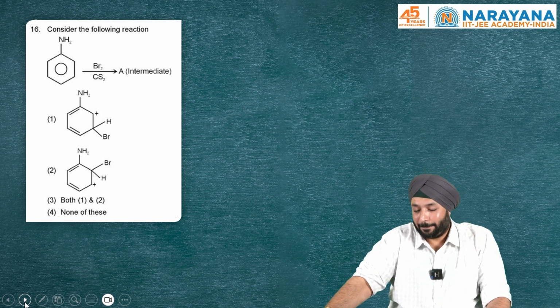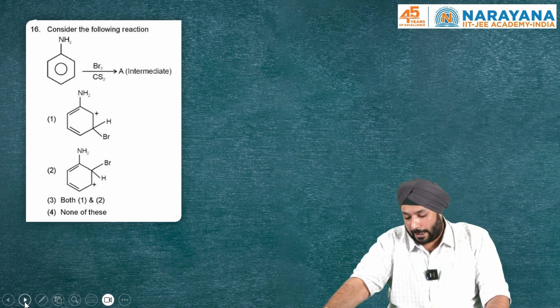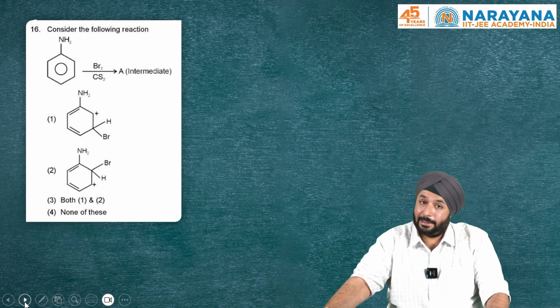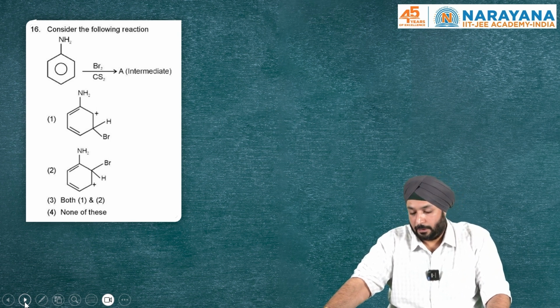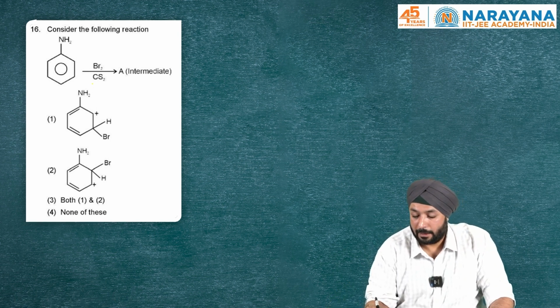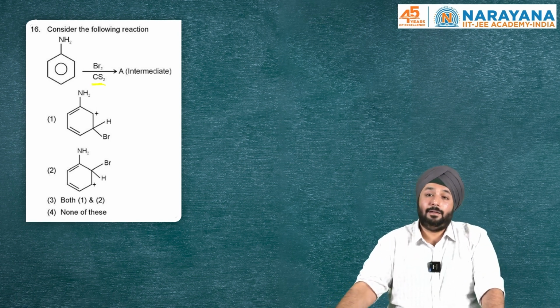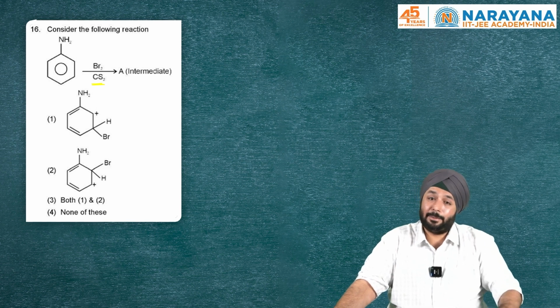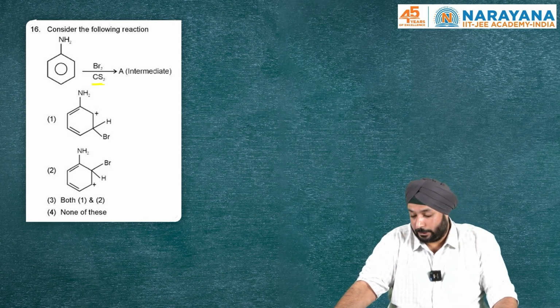Question number 16. Consider the following reaction. We are reacting aniline in the presence of bromine and CS2, right? And they are asking for the intermediate. Okay? So again, whenever you are using carbon disulfide, the major substitution will be at ortho and para position, right?